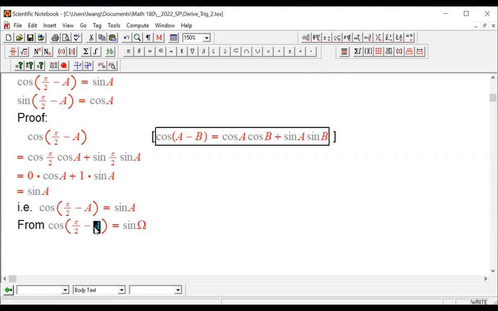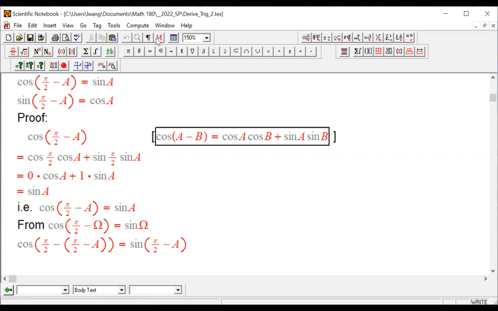So A becomes omega. And next, we're going to replace omega by pi over 2 minus a. So pi over 2 minus a will replace omega over here. So it's just substitution.